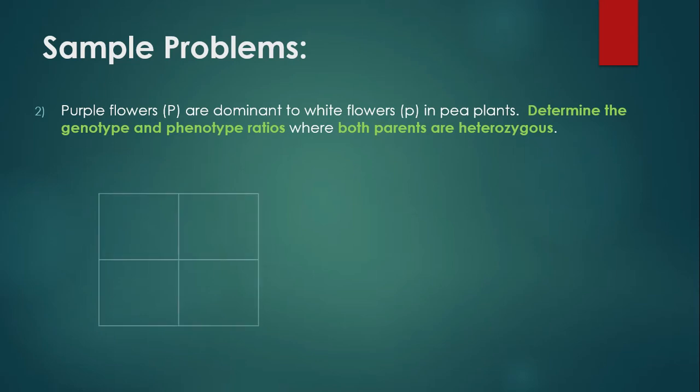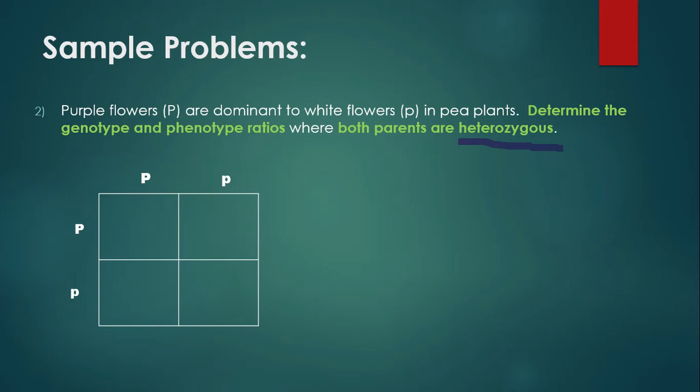So in here, let us prepare our Punnett square. Since both parents are heterozygous, one should be written in capital letter and the other in small letter. So for both parents, we write one capital letter P and one small letter p.